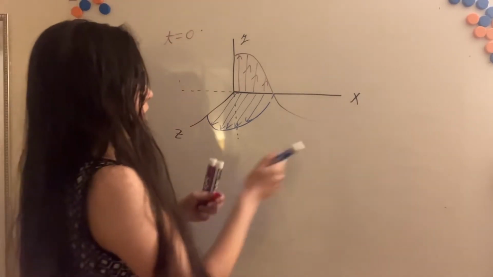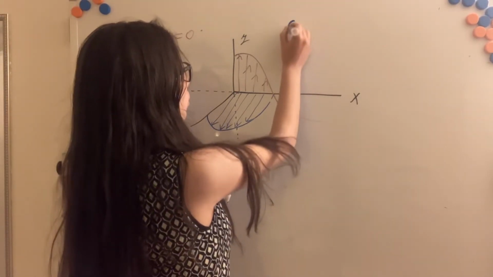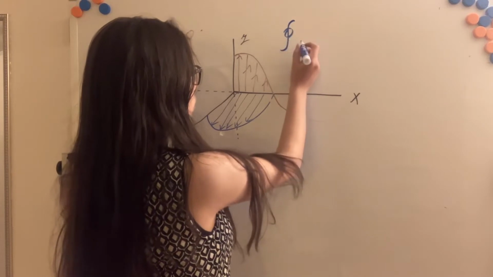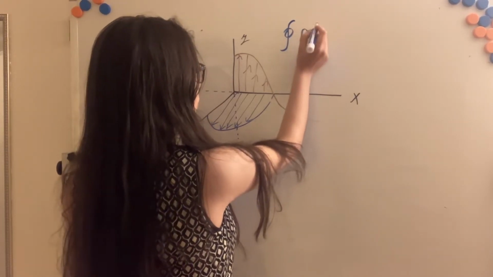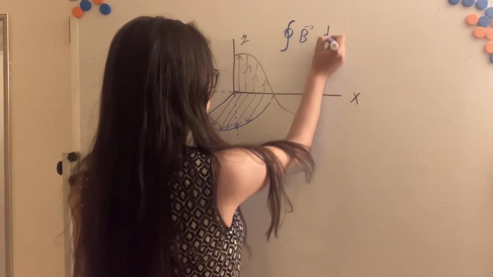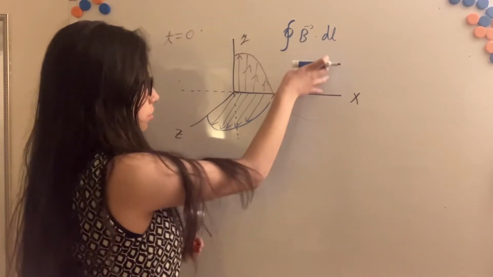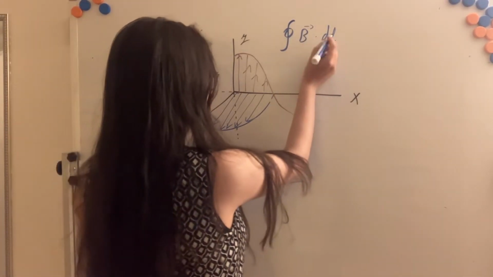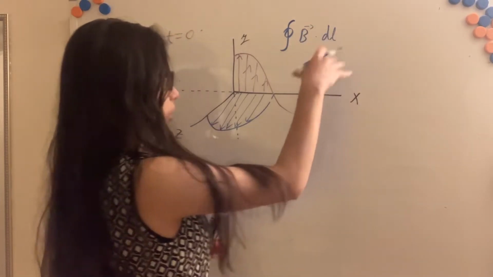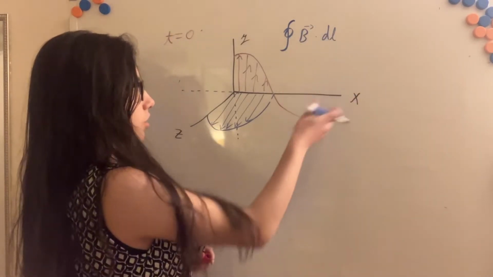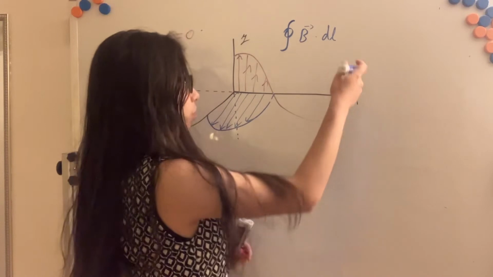We have that Ampere's law is that the closed integral of the magnetic field dot dl in a closed loop with an attached surface. The surface could be open or not.